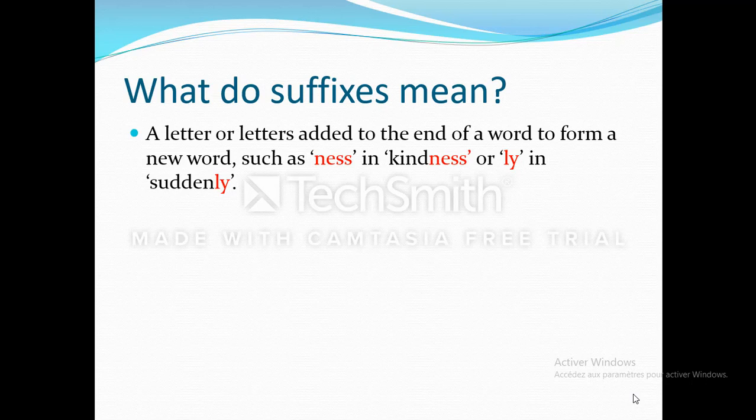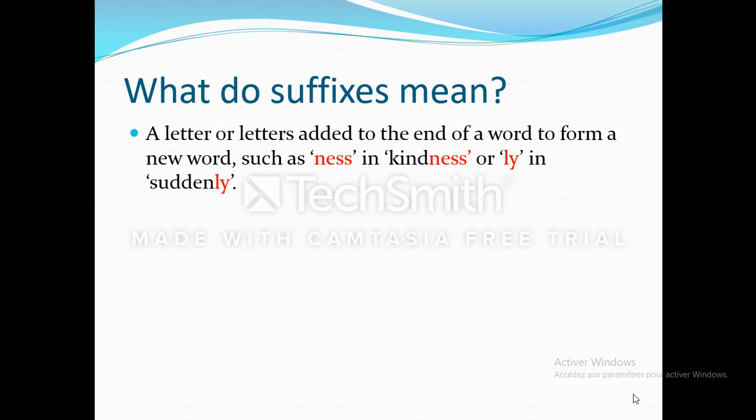If you remember the example I gave you from the beginning of the video about prefixes, happy. To change the meaning of happy, we added un as a prefix, to give the negative meaning.